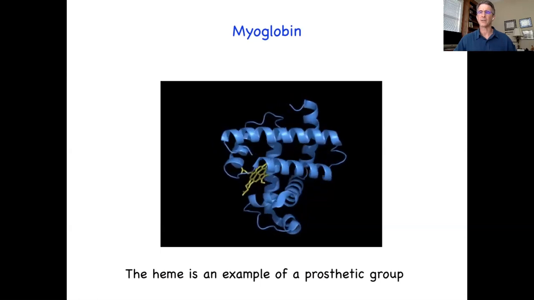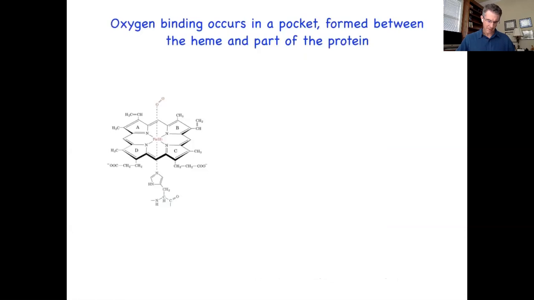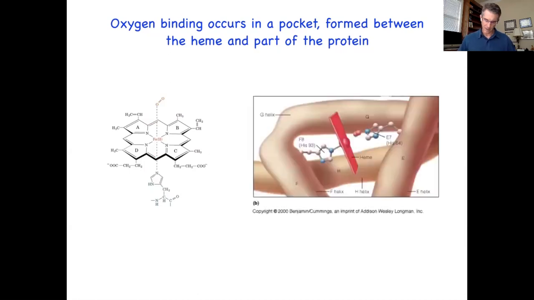How do you bind the oxygen? Well, we're going to come back to this in some detail, but it turns out in that little pocket on the myoglobin, one side of that octahedral position is occupied by histidine, which takes care of one of those octahedral positions. The other is now open to bind an oxygen molecule. And this happens between a couple of positions on a pair of the helices.